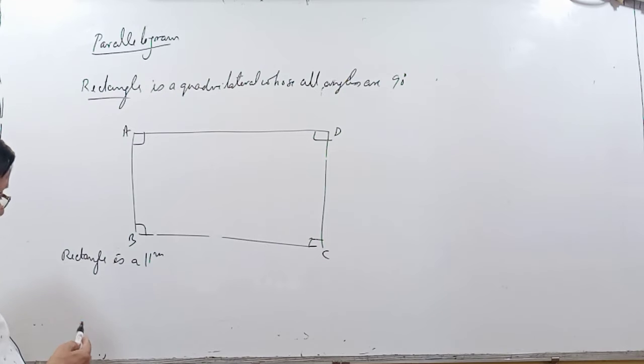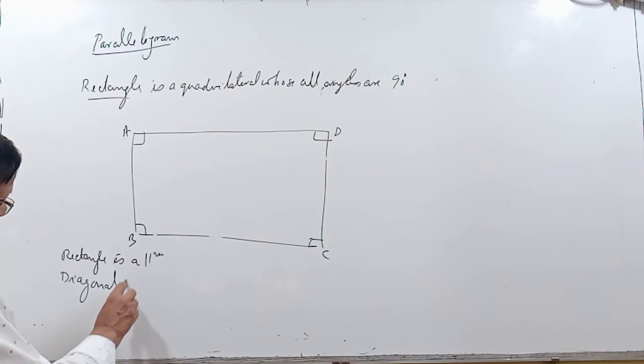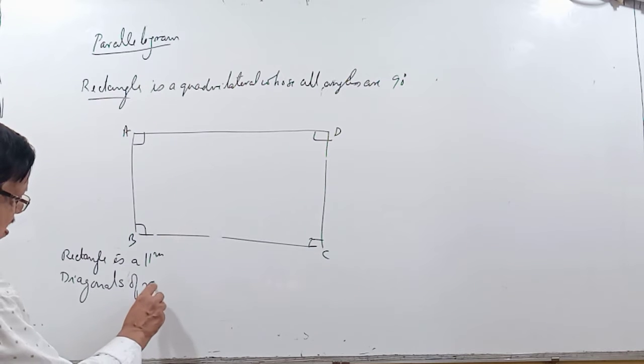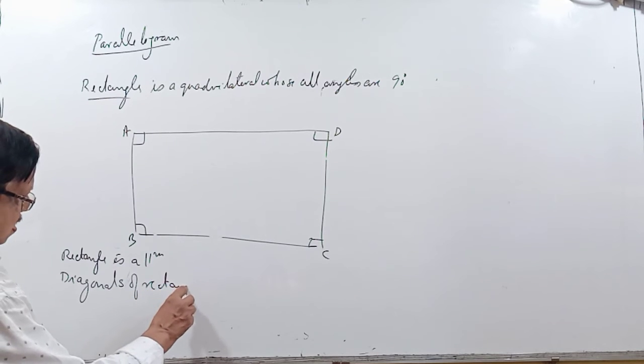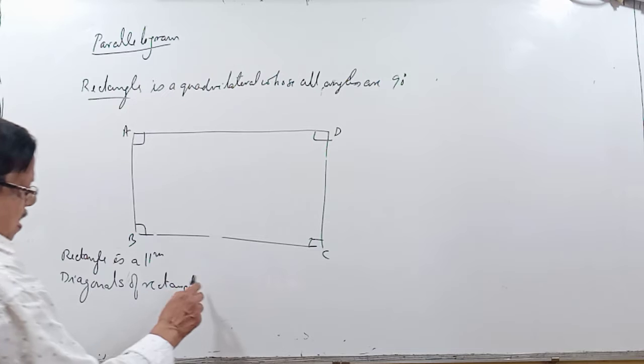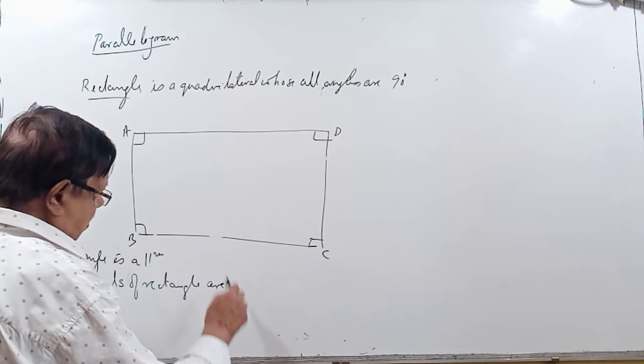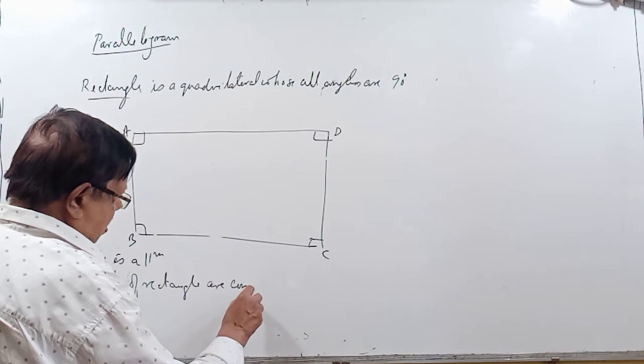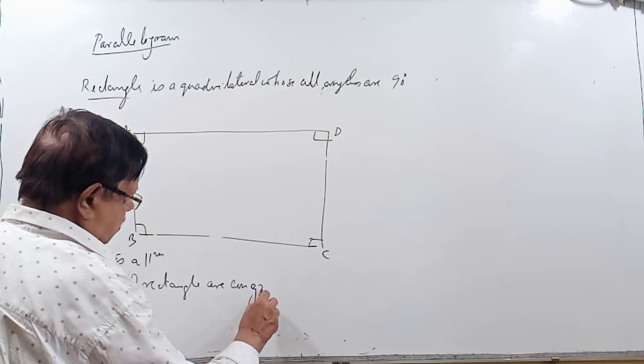Now second property is diagonals of rectangle are congruent. Very important property of the rectangle is that diagonals are congruent.